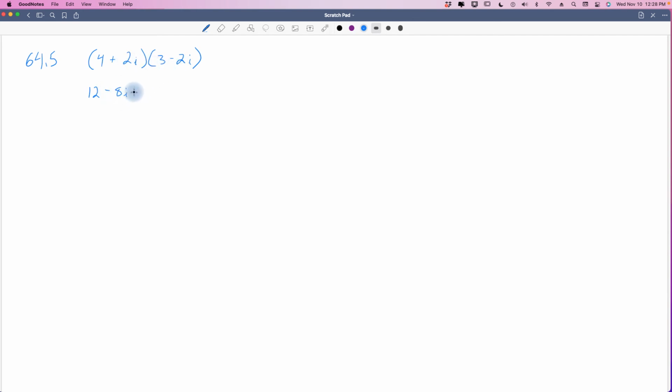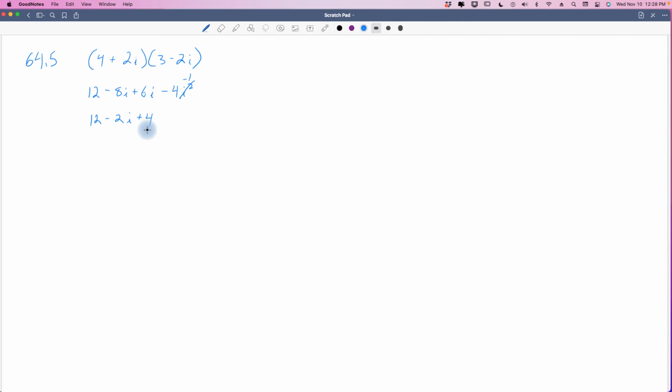And this is going to be a positive 6i. And that is going to be a negative 4i squared, because we have 2 i's here. So now we can reduce. We have 12. That's going to be minus 2i. And then this is going to be a negative 1. So negative 1 times negative 4 is a positive 4.